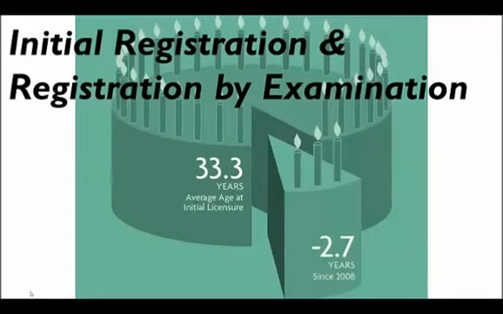But wherever you decide to become initially registered, you're becoming registered because you passed the examination and you completed the exam, and you're becoming registered for the first time. So we often refer to this as registration by examination, or initial registration, or initial licensure.